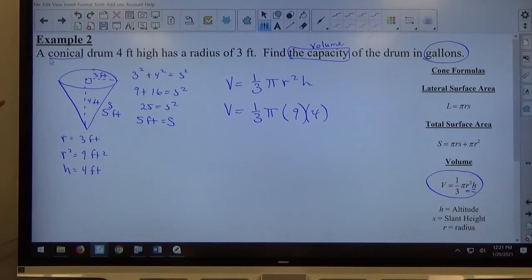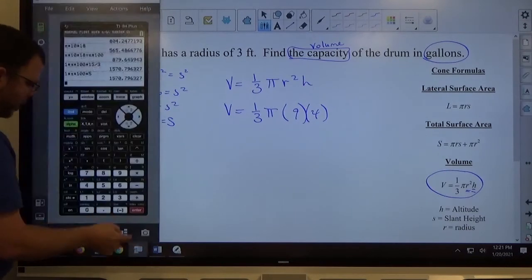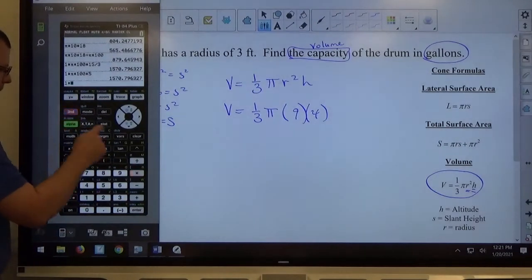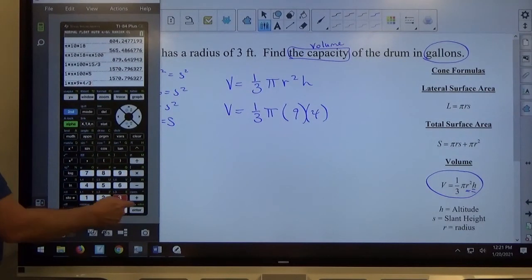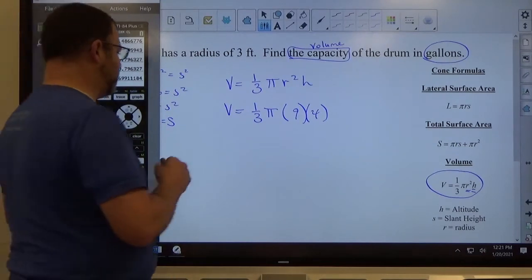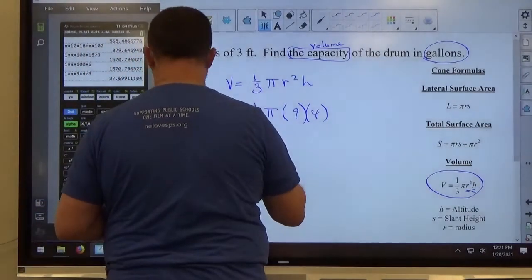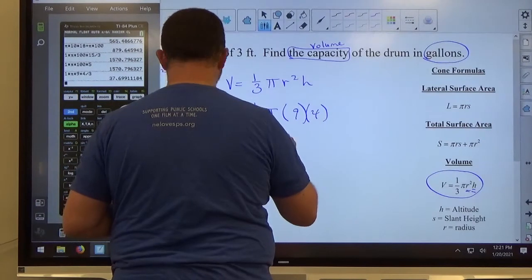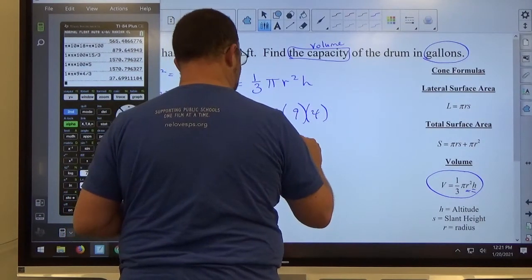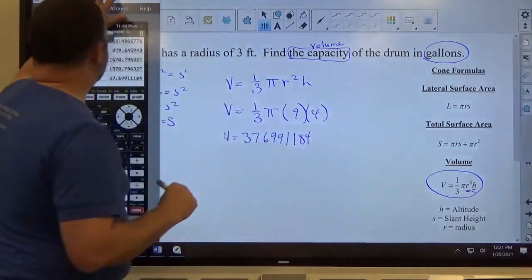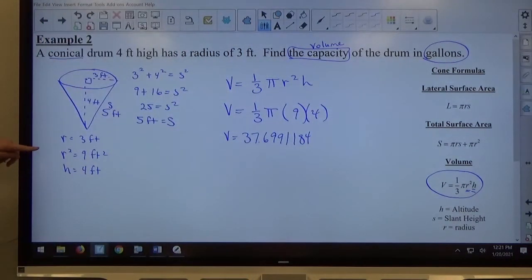All the multiplication divided by 3. So it's 1 times pi times 9 times 4 divided by 3 equals, that comes out to 37.6991184. And the unit of volume is going to be cubic feet.